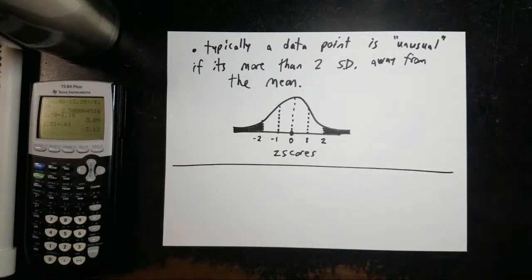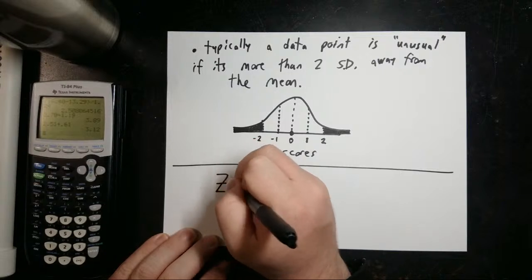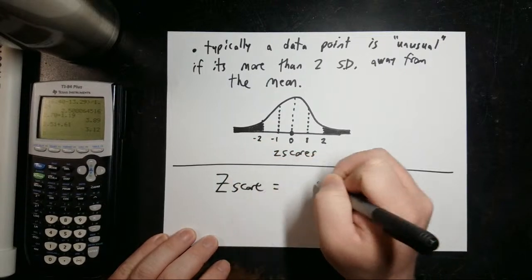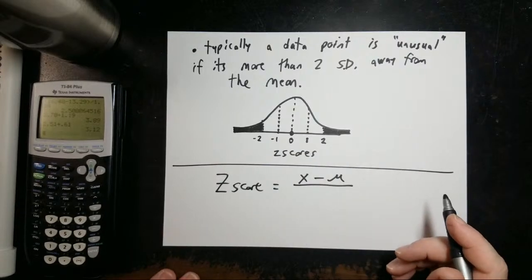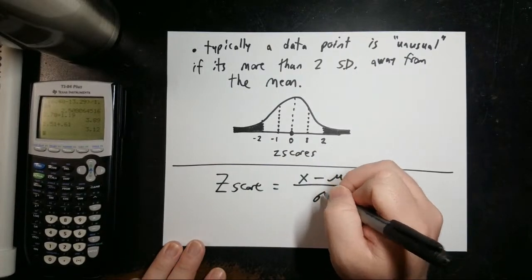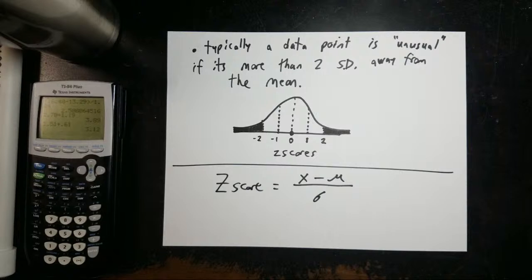That's the way these normal curves typically help you out when comparing these things. Again, a z-score is calculated with the data point minus the average, basically the difference between the two, divided by the standard deviation, and it is the number of standard deviations away from the mean that you are.